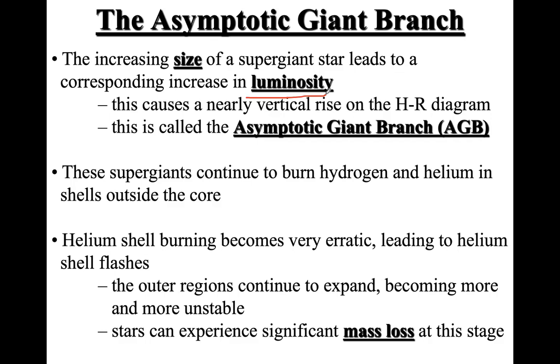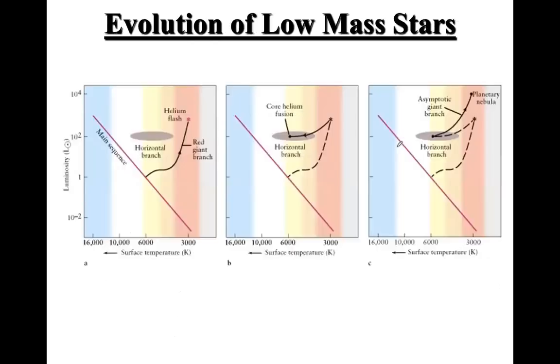And this process makes a vertical rise on the HR diagram for a particular star, and this is called the asymptotic giant branch, right? This is the branch that I am talking about. Asymptotic giant branch.